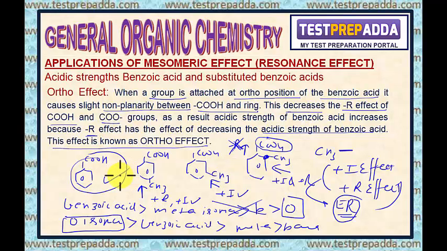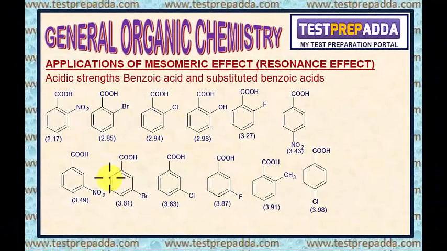Now I am giving you the list of benzoic acids with acidic strength order on the basis of pKa values. pKa less implies more acidic benzoic acid. This is the list of important benzoic acids with pKa values, and less pKa implies more acidic. So this is the order.